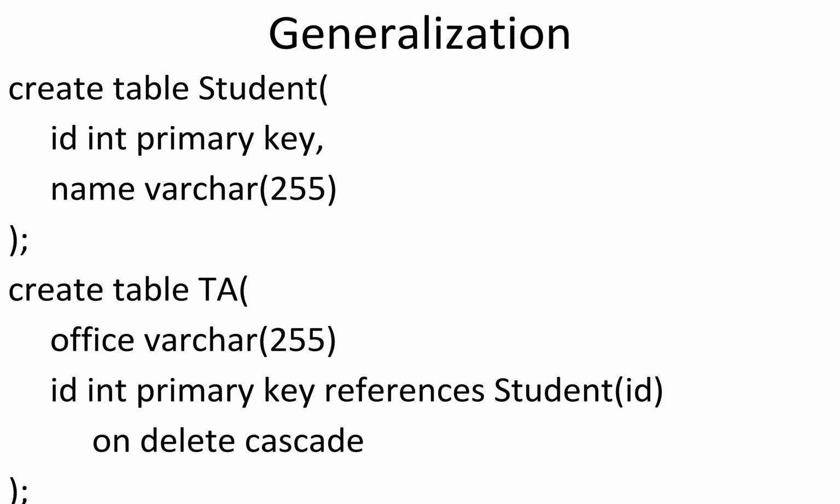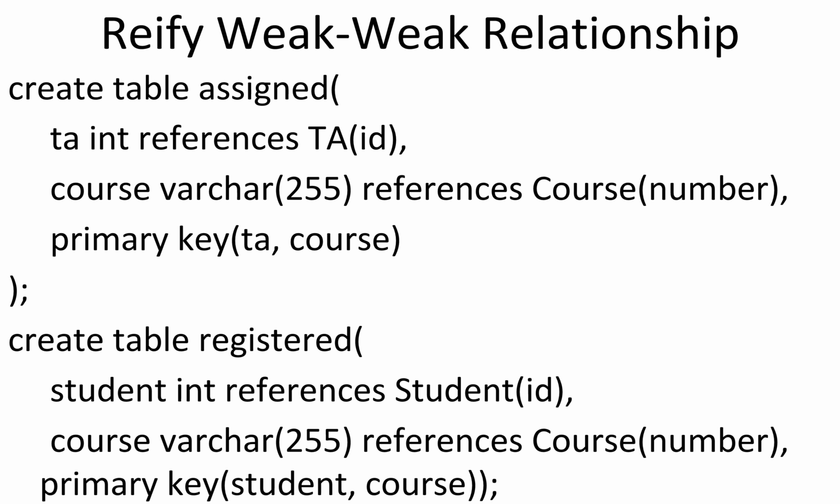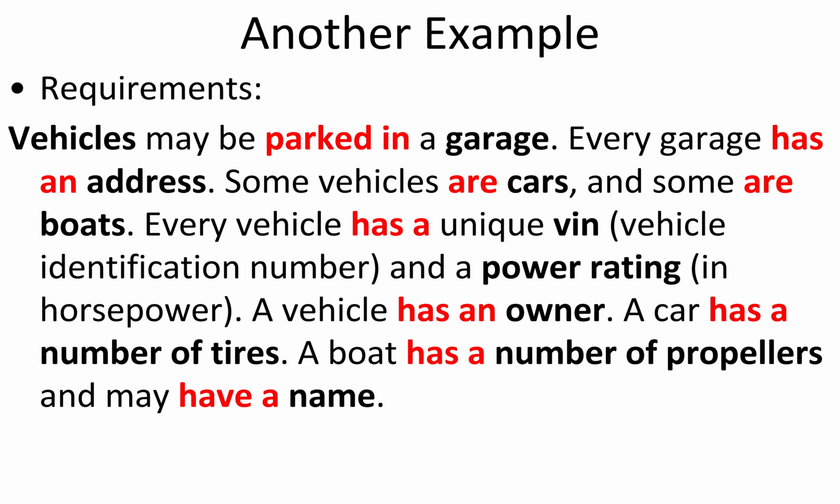And notice that we have a delete cascade, meaning that if a related student record gets removed, the TA record also gets removed, because it makes no sense to have one without the other. They're just one and the same thing. And this is just more reification of the other tables, and we'll take a look at that next week.